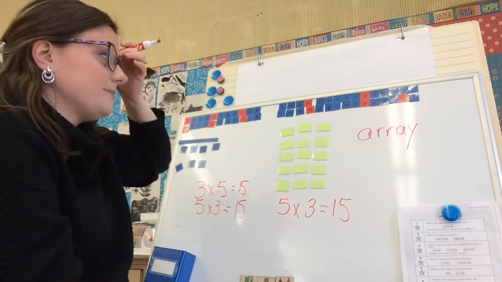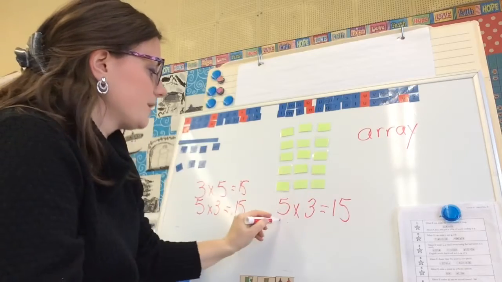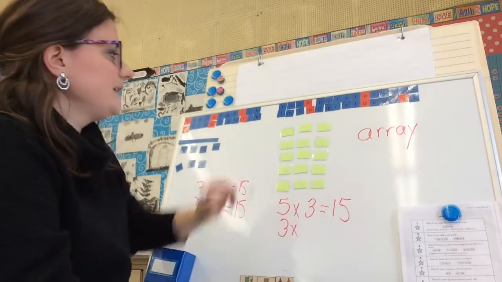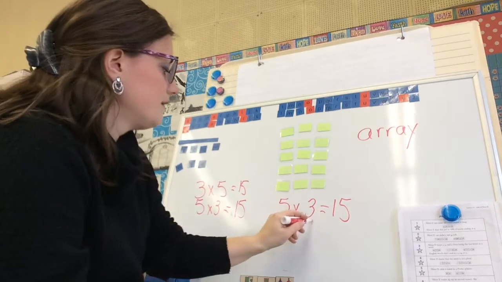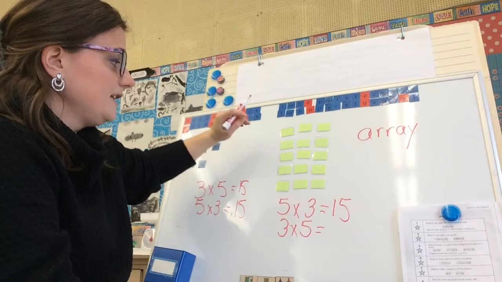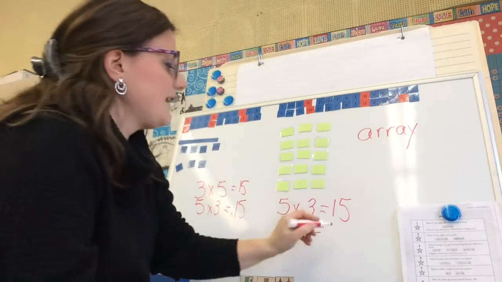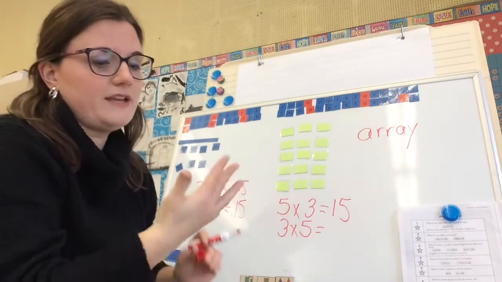Or how many columns do I have now? 1, 2, 3. Remember, columns go up and down. And how many's in each column? 1, 2, 3, 4, 5. 3 times 5. So I can count by 3s, right? Okay? And I go 3, 6, 9, 12, 15.